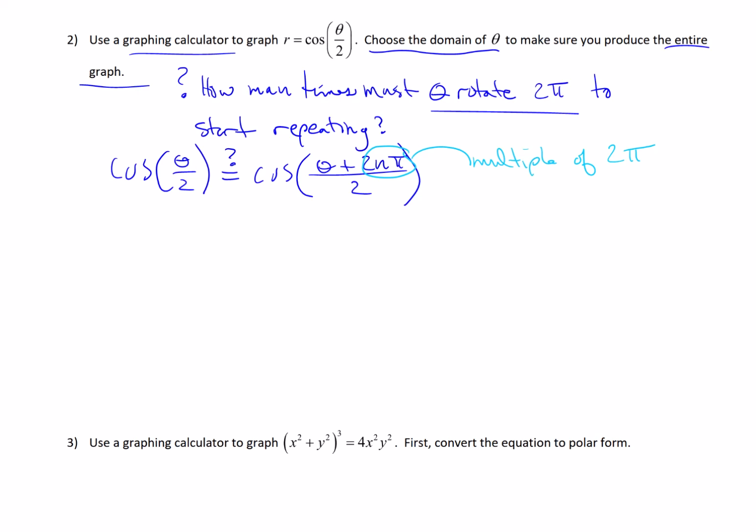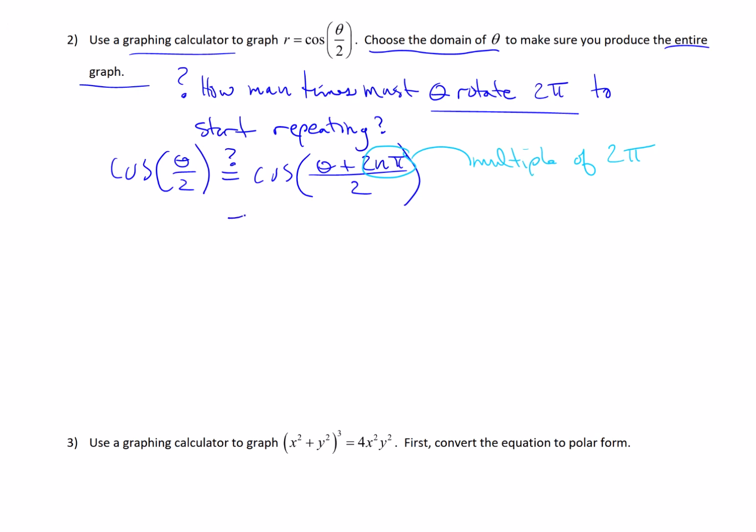This is going to produce some multiple of 2 pi. So if we do this setup, what we're saying is that it's going to start repeating on itself, because you're adding some multiple of 2 pi, which is going to start repeating with the period of our graph.